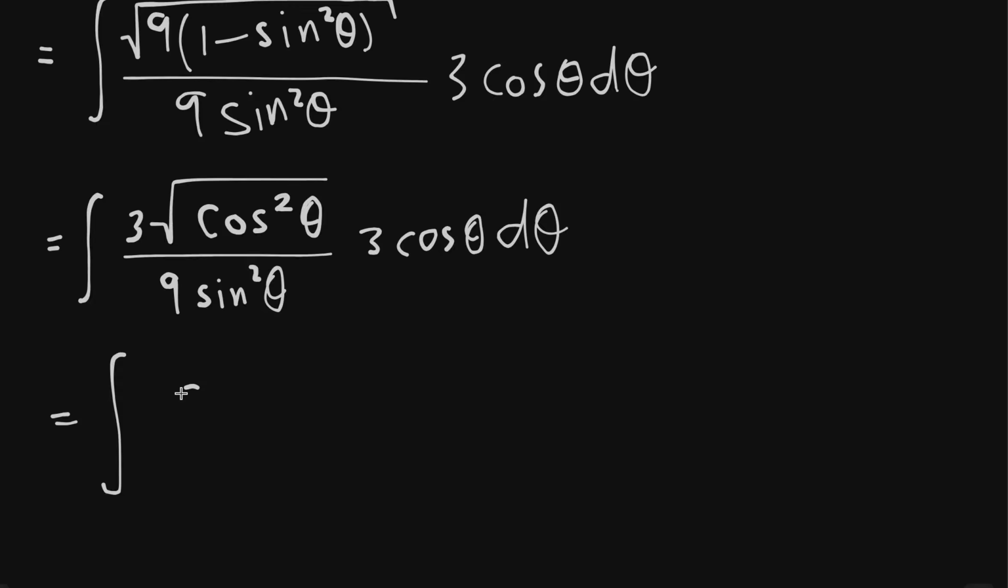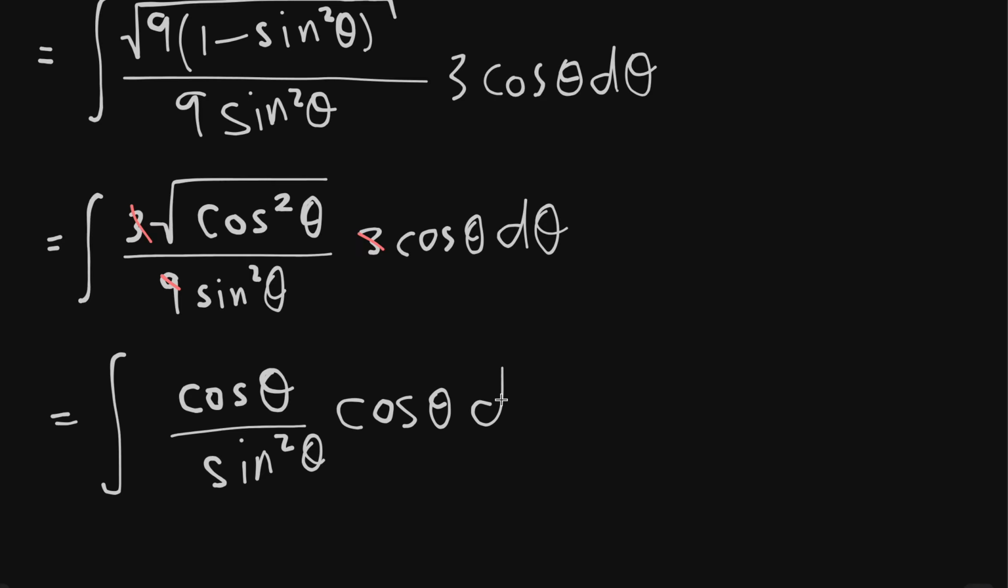So we're going to have cos theta over sine squared. And since all the constants canceled out, we just have a cos theta d theta over here. Okay, now cos theta times cos theta, that's obviously cos squared theta.